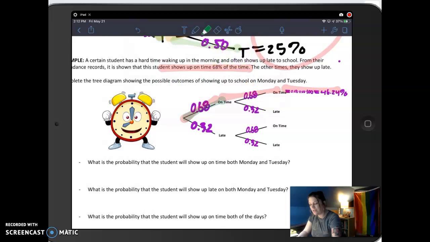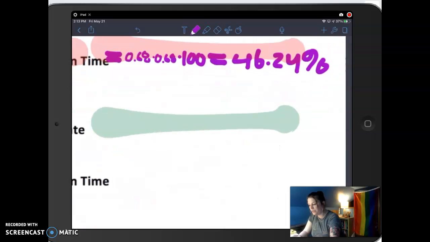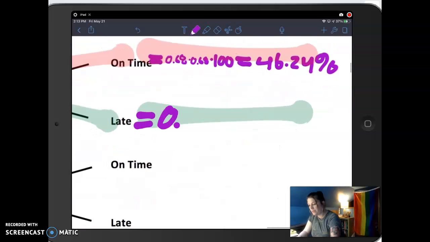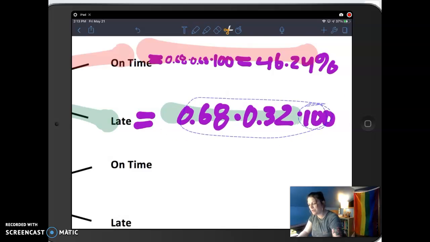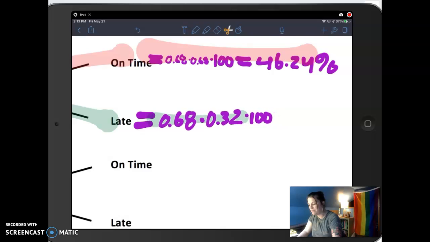Now, it could be on time the first day and then late the second day. So how do we do that? We're going to do 0.68, that's the on time. Then we're going to multiply by the probability of late. Remember, that's the complement. Then we're going to multiply by 100. Notice I used dots instead of multiplication symbols this time.